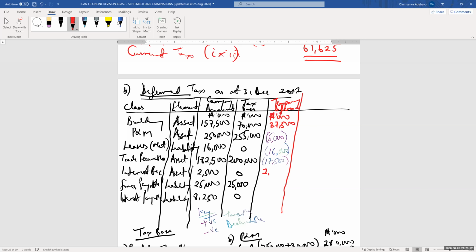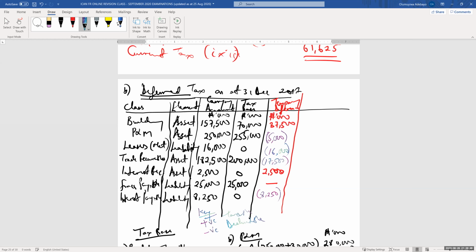How much? 2,500. For fines and penalty, no difference. And for interest payable, the liability carrying amount is greater. That is another deductible, of how much? 8,250.